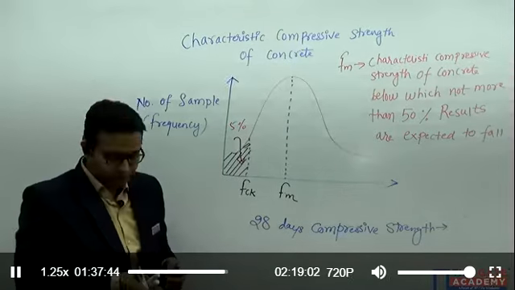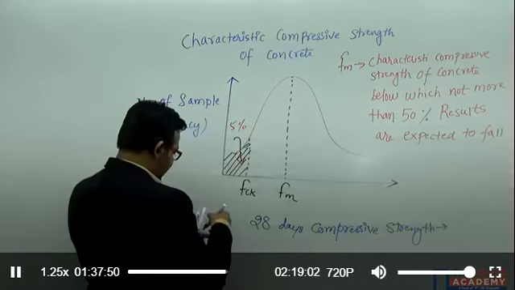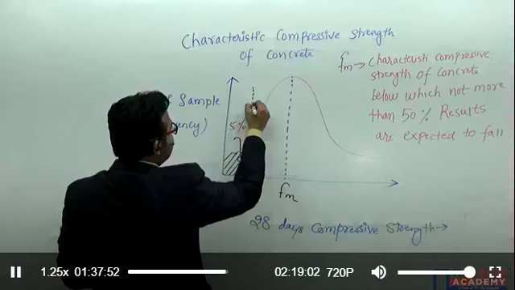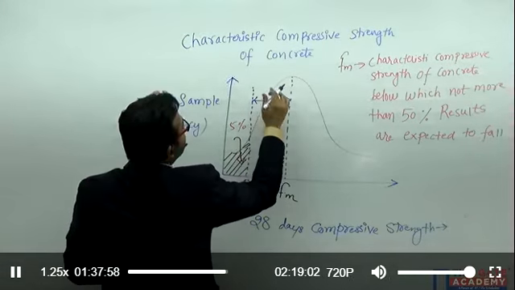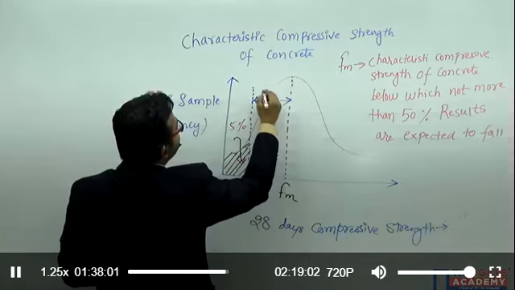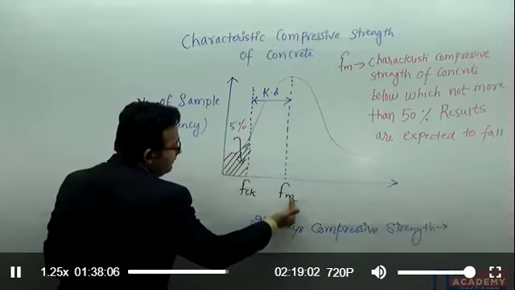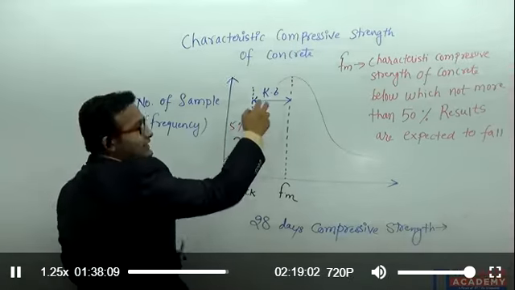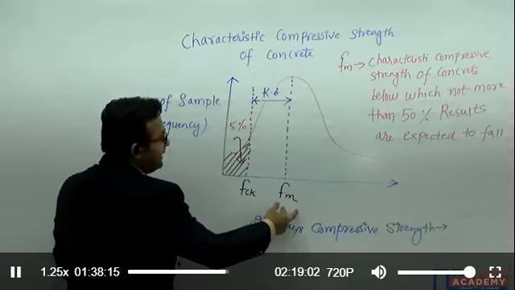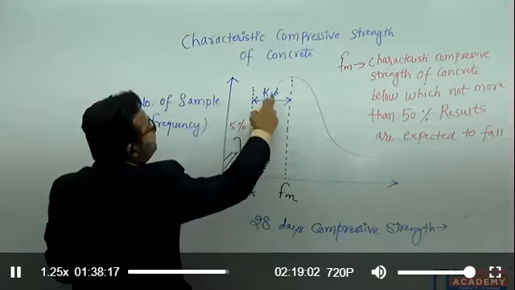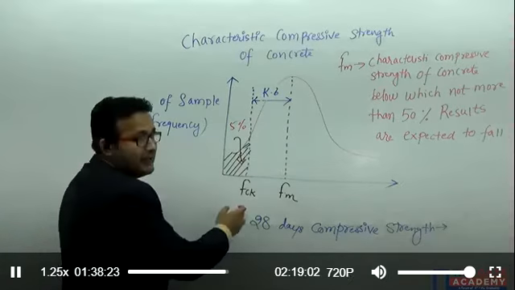How to calculate FM? In the normal distribution figure, the distance between these two strengths is 1.65 of sigma. I can write here K into sigma. Means your FM is K times sigma more than the FCK.